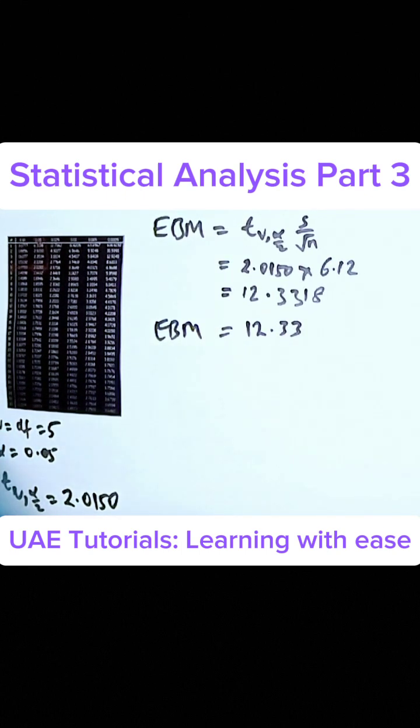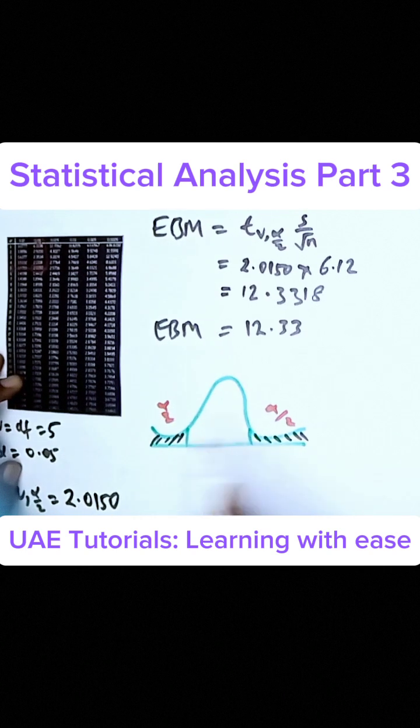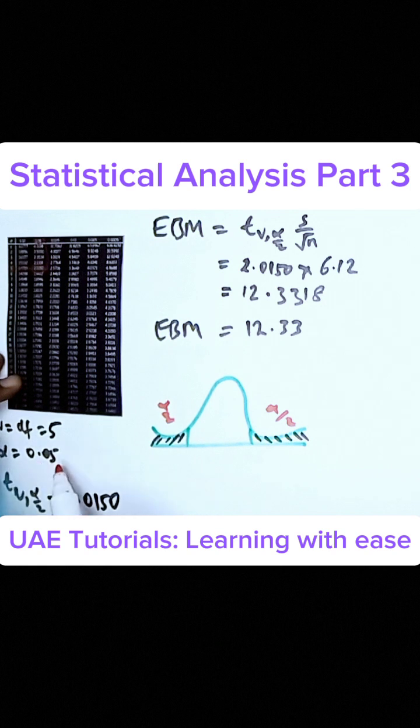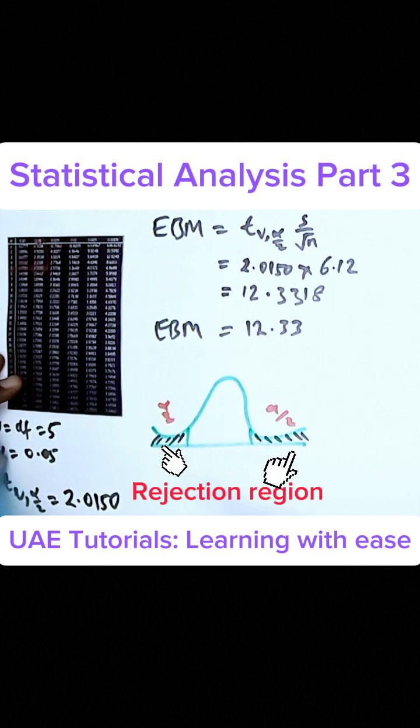So what information is this value conveying to us? This is the normal distribution curve, and the values that we got, our alpha was 0.05, and when you divide this by 2, this region is alpha over 2, this region is alpha over 2, and each of them will be 0.025.